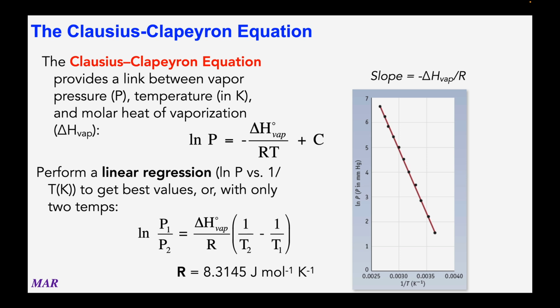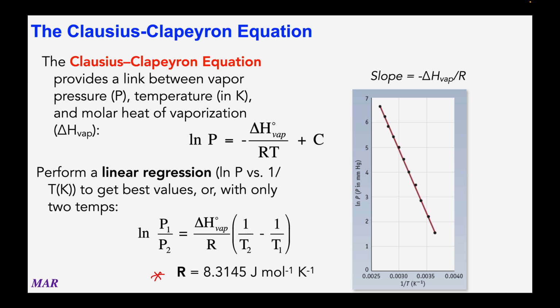And if you remember from the graphing lab, this is a kind of problem you can apply a linear regression to. And a linear regression will give you the slope, the y-intercept, and the correlation coefficient. Well, the slope here is the important part. Slope equals minus delta H vaporization over R. And R is the so-called energy R constant, 8.3145 joules per mole Kelvin.